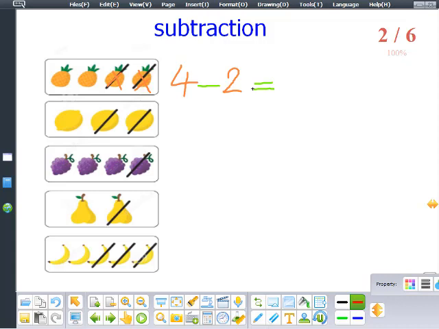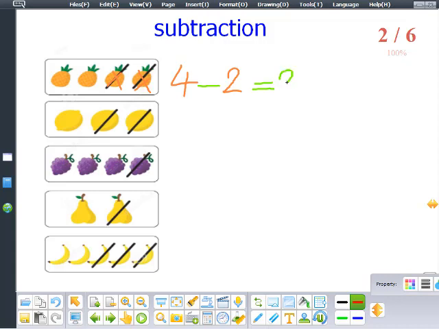We said that I have eaten 2. So I took away 2. How many remain right now? How many pineapples? 1, 2. So how many pineapples remain now? 2 pineapples. Excellent.